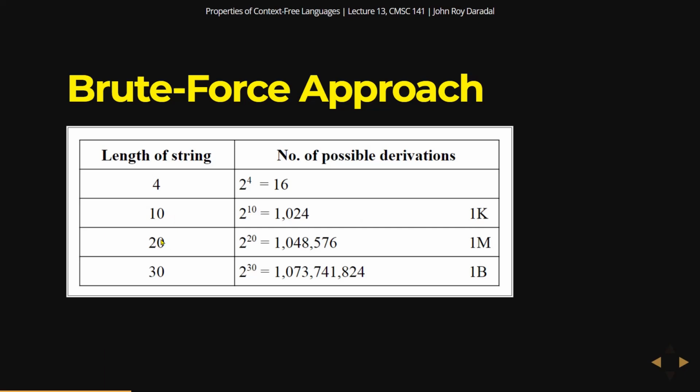If it was 20, length of string is 20, that would be 2 raised to 20, or about 1 million derivations. And then if the string length was 30, 2 raised to 30 is about 1 billion possible derivations, right? So from 4 to 10 to 20 to 30, it went from 16 to 1000 to 1 million to 1 billion.